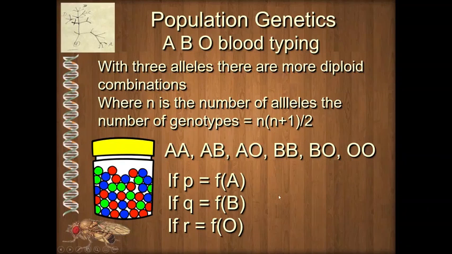Now, here's where I want you to pause it. If P equals the frequency of the A allele, Q equals the frequency of the B allele, and R equals the frequency of the O allele, how could you calculate a prediction, a modification of the Hardy-Weinberg equation, to represent all of the individuals in the population?